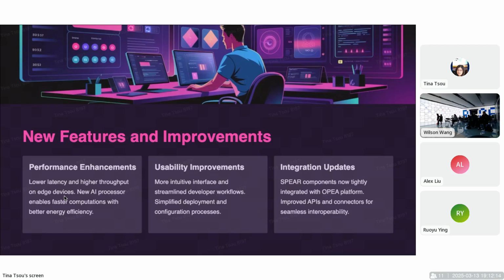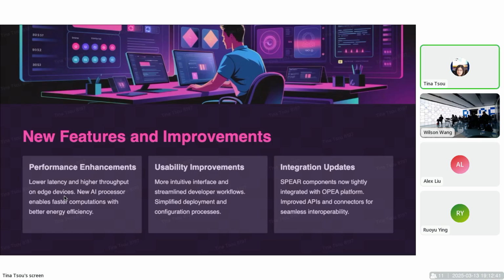For example, with our updated engine and the new AI processor, you'll experience noticeably lower latency. Edge devices can process data in real time or near real time. This means tasks like image recognition or sensor analysis happen quicker than before, which is crucial for time-sensitive applications.